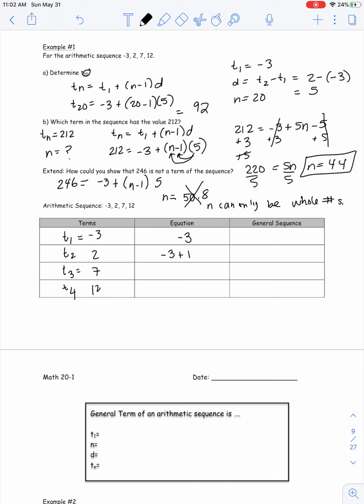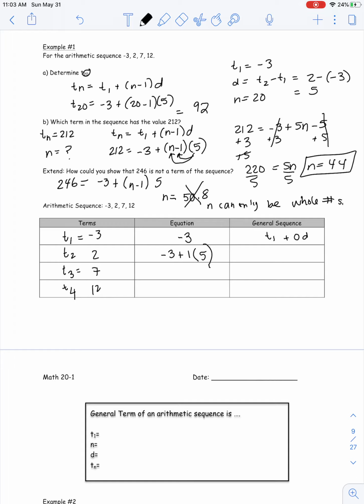In this case, to go from -3 to 2, we had to add 5. If you put that into your calculator, you'll see that that's what gives you the value. So this first one is just T1 plus 0 times your common difference.